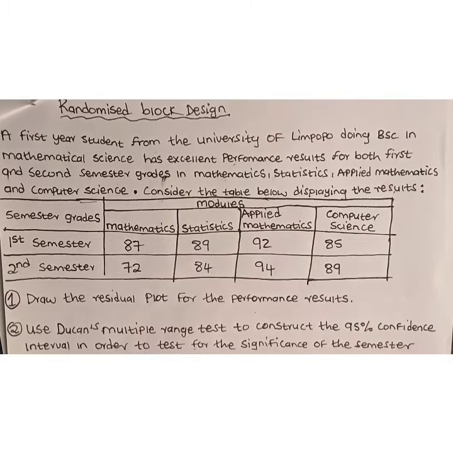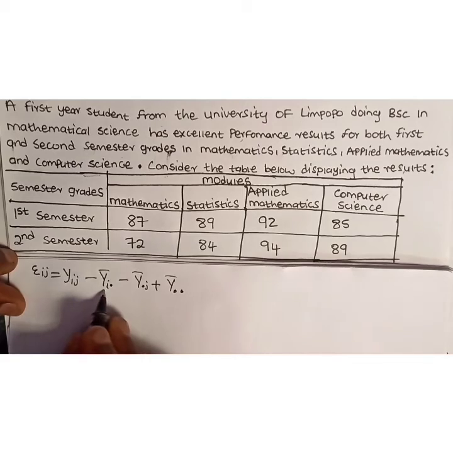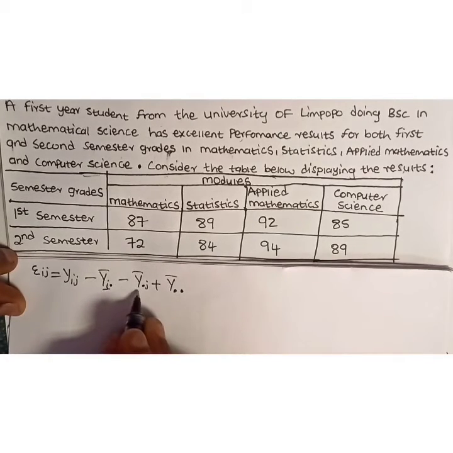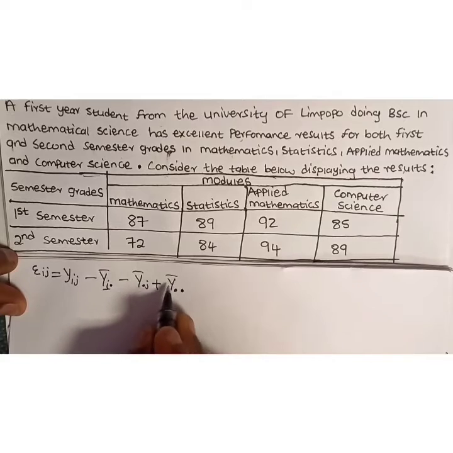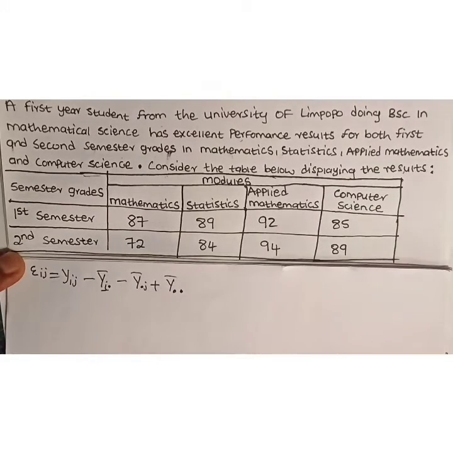So our response or our observations will act as our y values, and our x values will be our errors, which we have to estimate by the response minus the mean per treatment minus the mean per block plus the grand mean. So we'll need to calculate the mean per treatment, the mean per block, and the grand mean, so we can estimate our errors. So since we're having 8 observations here, it means we're going to have 8 errors.